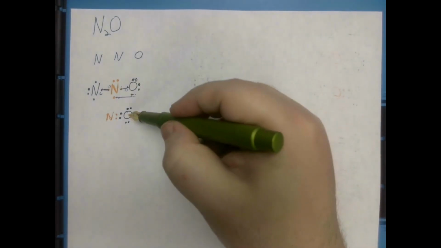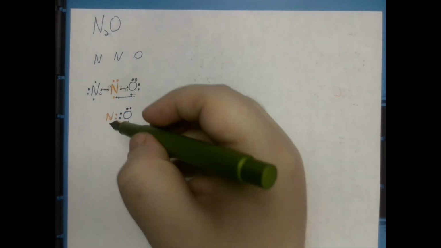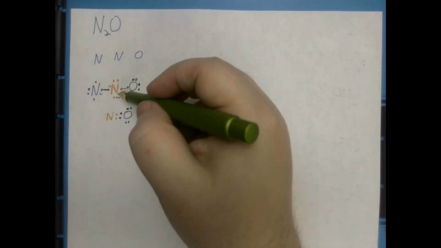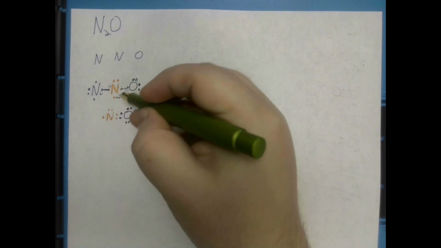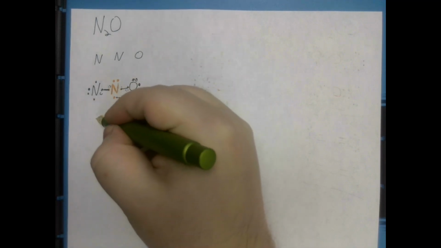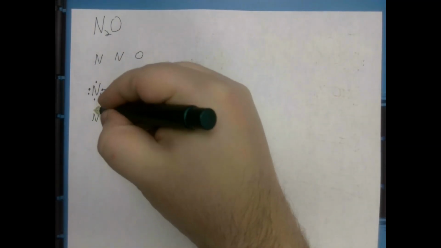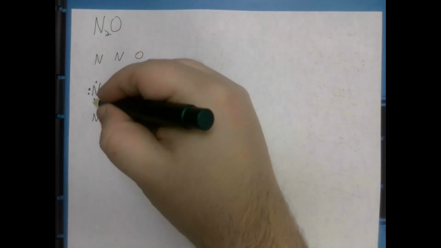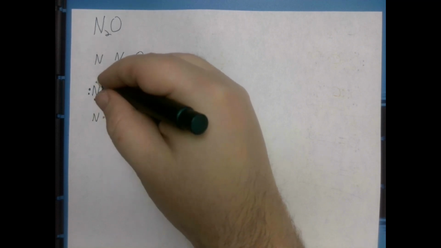So let's see if oxygen is satisfied. 1, 2, 3, 4, 5, 6, 7, 8. All right. And I'm going to share 1 of these with the nitrogen. And I'm left with 2 pairs right here.